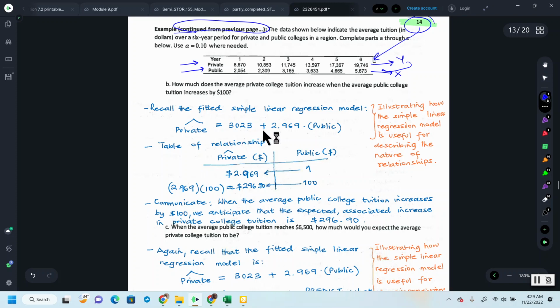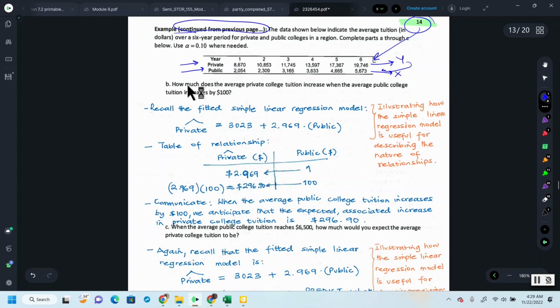Why? Because the slope is positive. If the slope was negative, as public increases, private decreases. But because the slope is positive, as public increases by $1, we expect private tuition to also increase too. But by how much? By as much as the slope, which is $2.969.